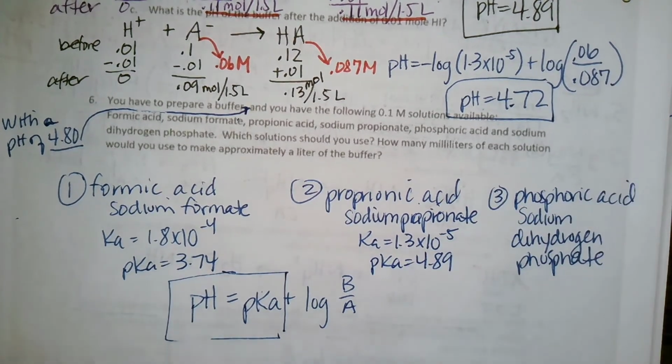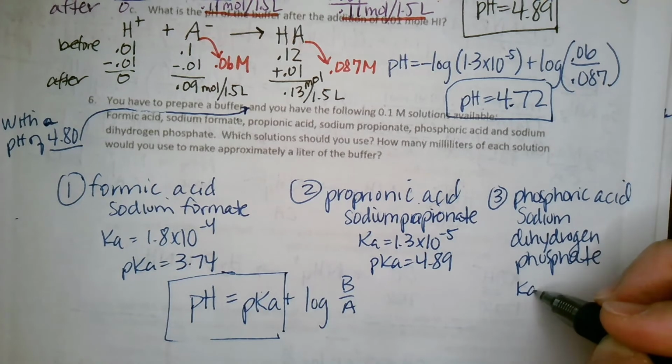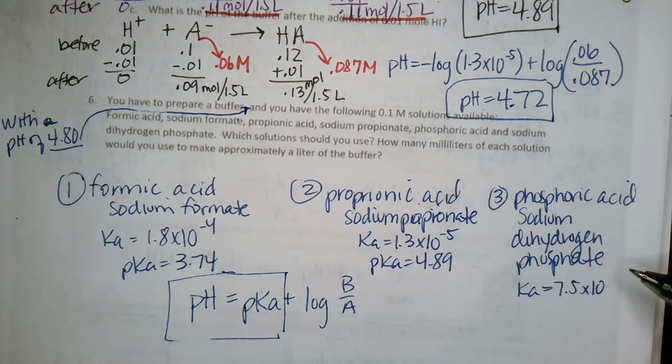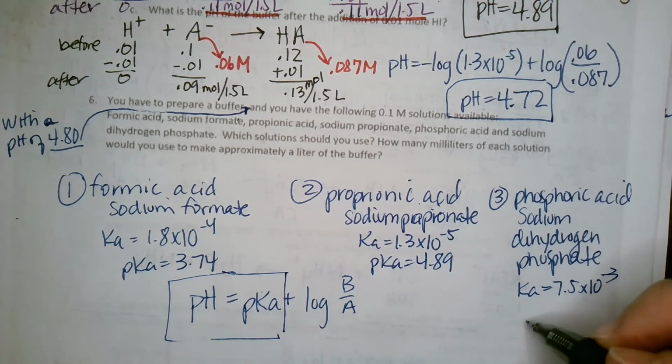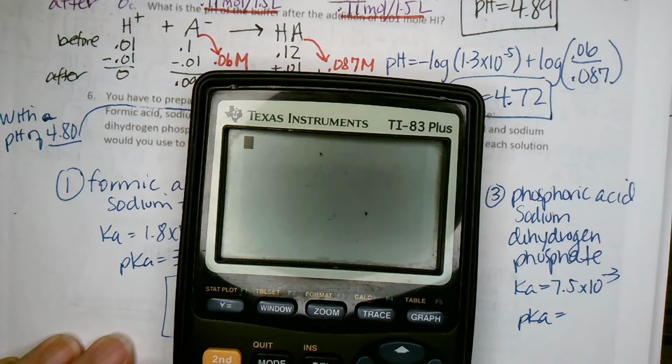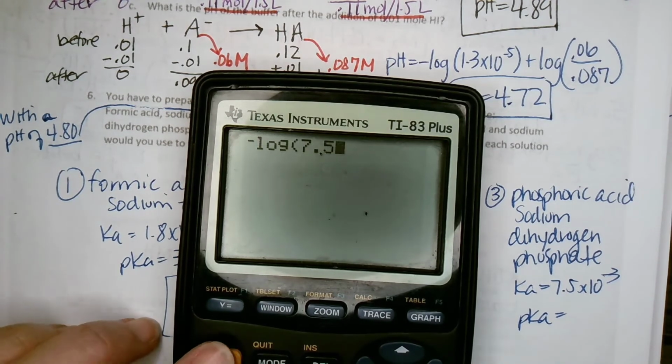And let's look up phosphoric acid. Phosphoric acid, we'll use the K1 value, 7.5 times 10 to the negative 3. So the pKa would be the negative log of 7.5 times 10 to the negative 3.